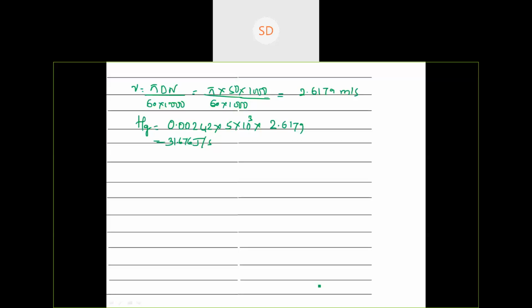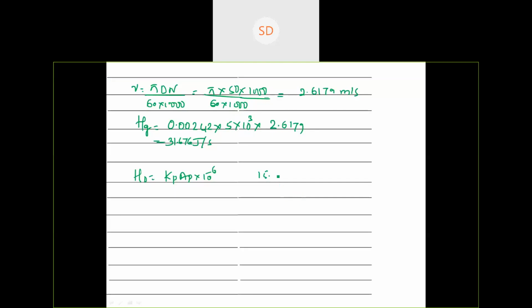Next, you can calculate the amount of artificial cooling required. So you just take the difference between the amount of heat generated and the amount of heat dissipated. For heat dissipated, it is Kp Ap into 10 to the power of minus 6, equation number 15.11c. Use it.